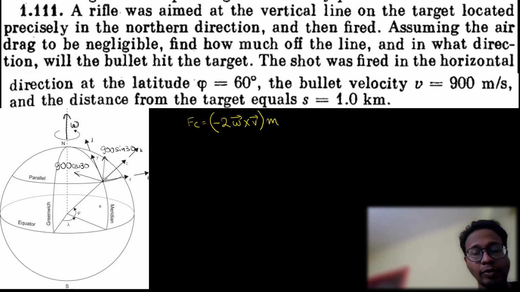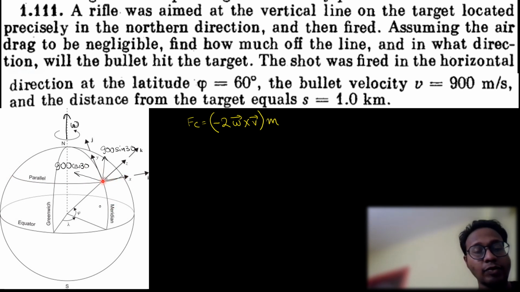The angle between the omega vector and this component of the V vector is nothing but 0. So omega into V into sine 0 is 0. So this velocity will have no Coriolis force, but it will have some centrifugal force. Now my question is, what is the direction of the centrifugal force? See, the direction of the centrifugal force will be along this direction.